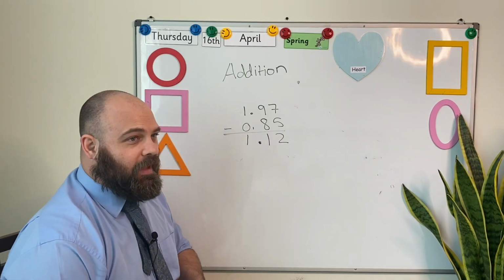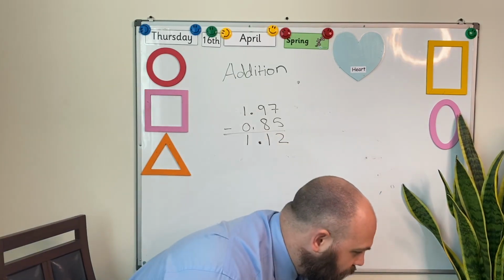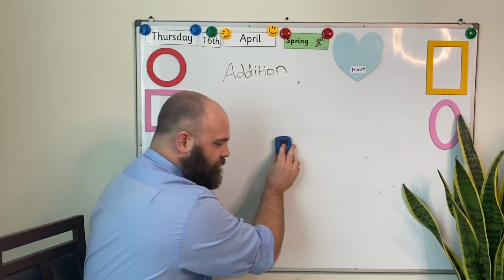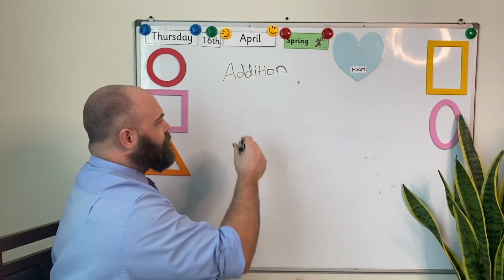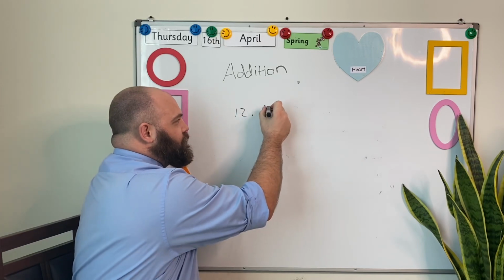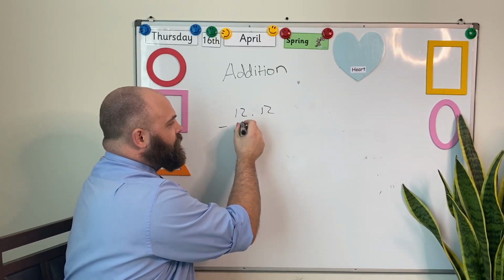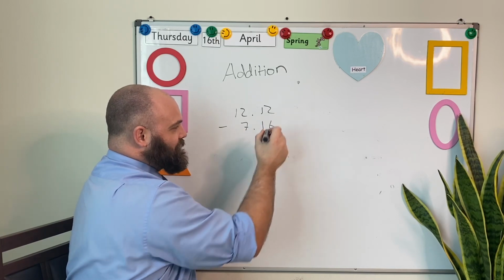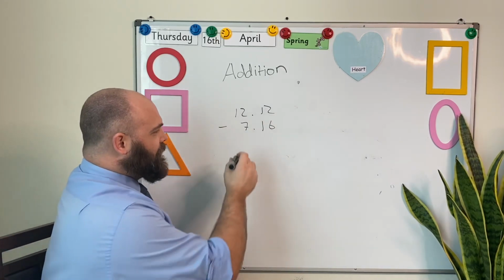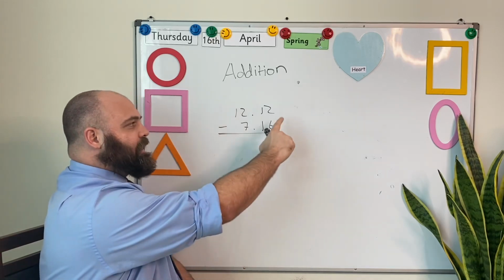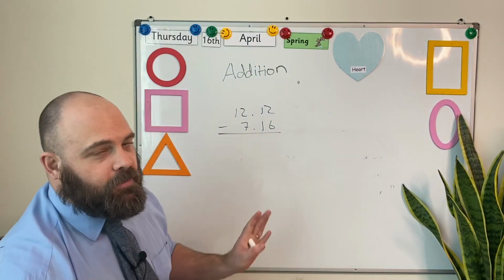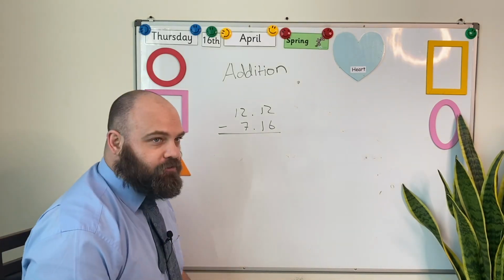Okay? And if we tried this now on an example where we would have to borrow, say for example, if I had 12.12 minus 7.16. All right? I would say, well, I need to take 6 hundredths away from 2 hundredths, but I can't do it. There aren't enough hundredths.